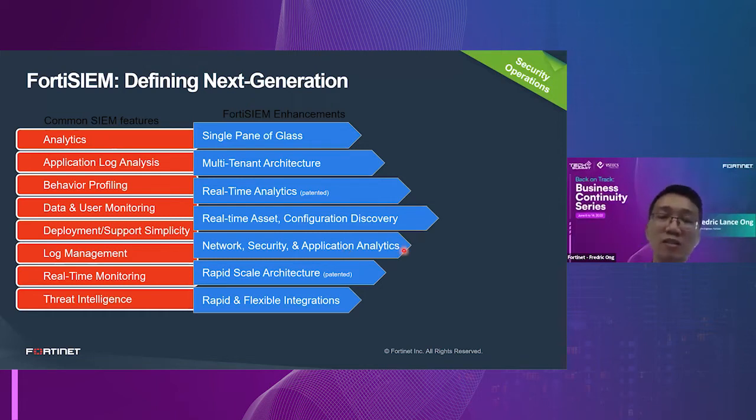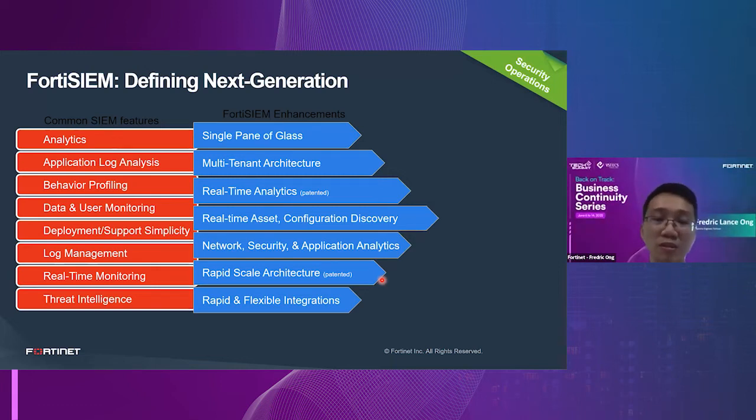Our architecture is rapidly scalable as well because we're talking about big data. With big data, you should be able to start small and then grow based on the demand. So you don't need to provision everything from day one. You can provision and then increase the capacity as it is needed.